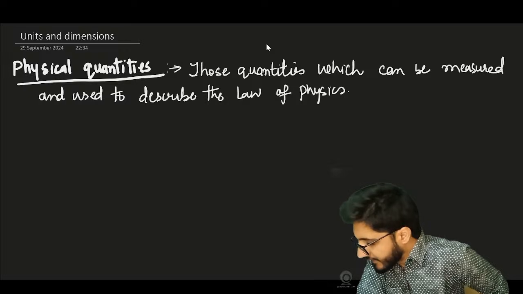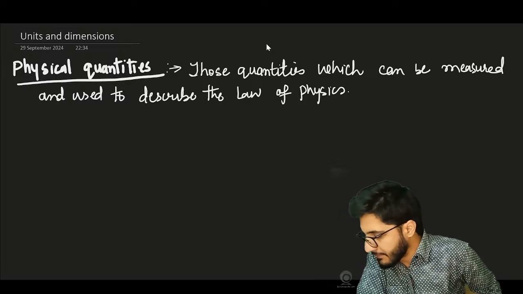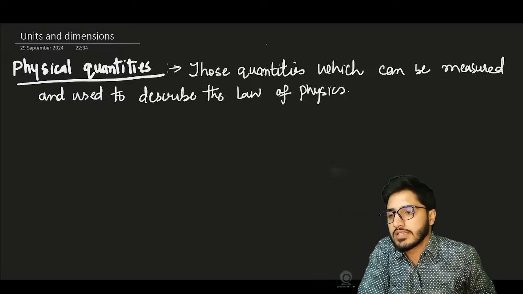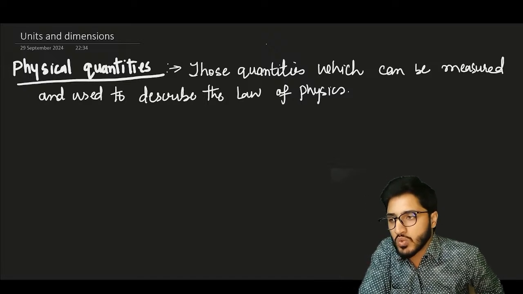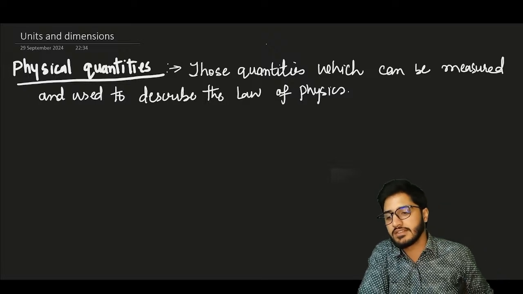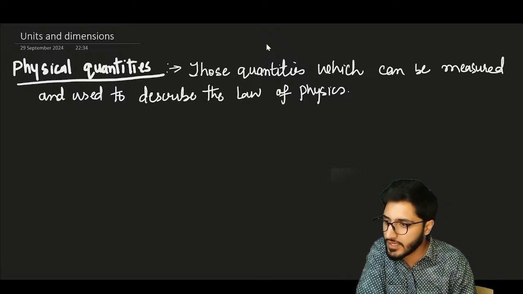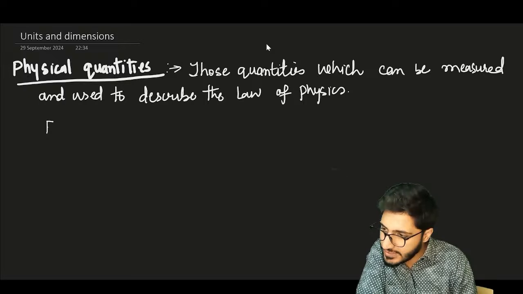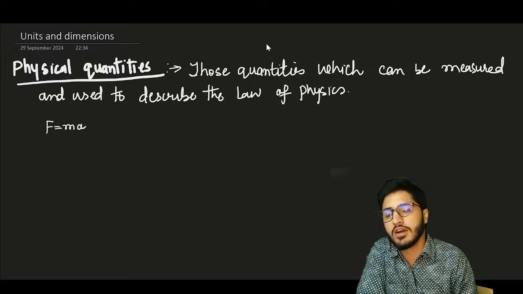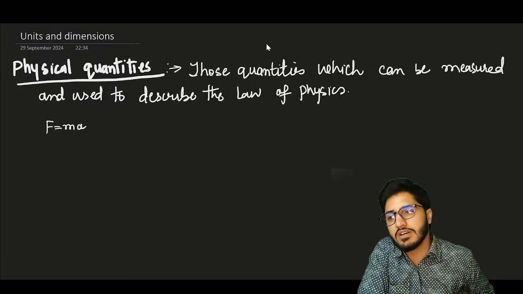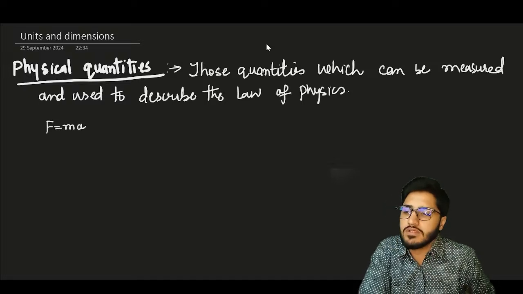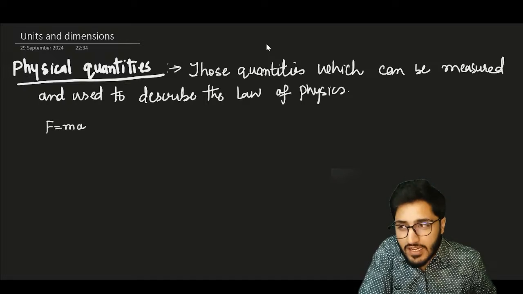So any quantity which is measurable and used to describe the laws of physics, those quantities are known as physical quantities. Suppose we are having force is equal to mass into acceleration. Mass is measurable, force is measurable, acceleration is measurable. That means all these quantities are physical quantities.